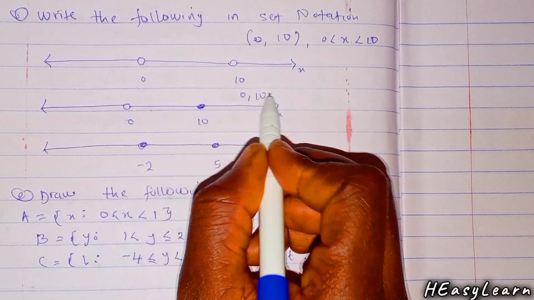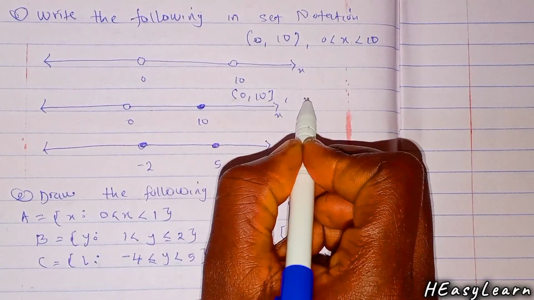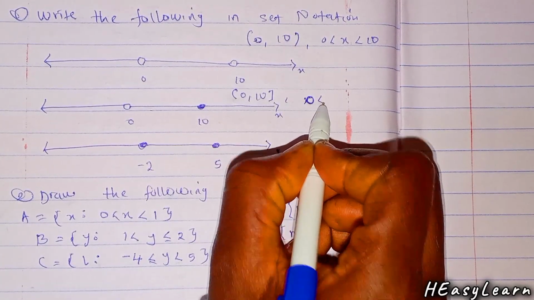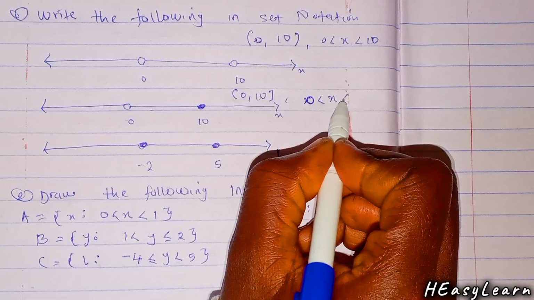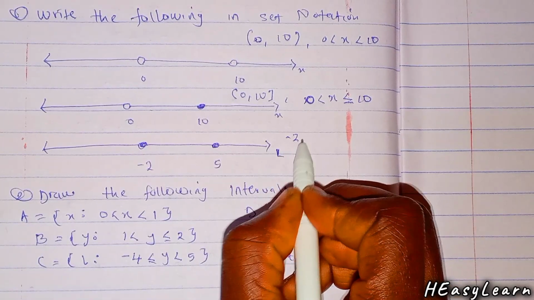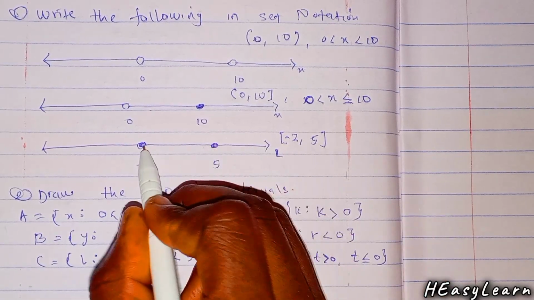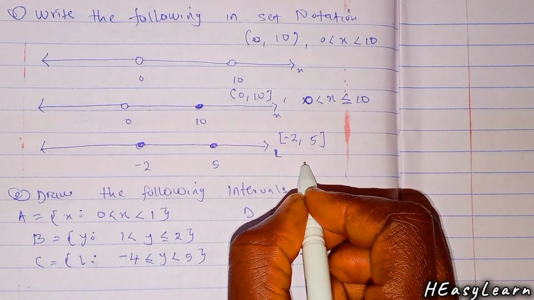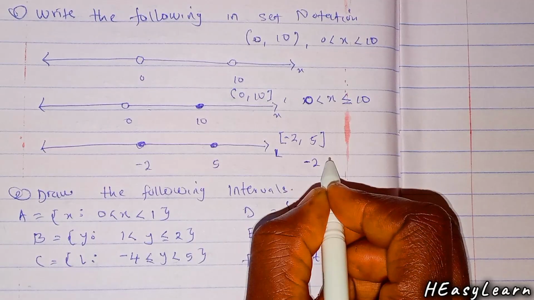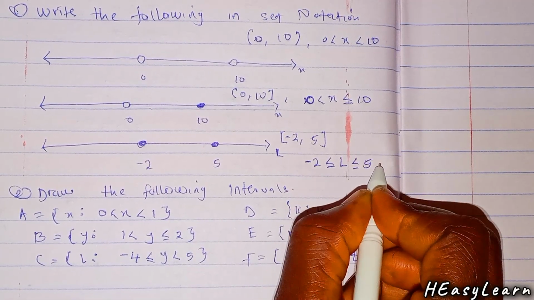Because they shade this, we put the included bracket and excluded bracket. Here, 0 is strictly less than x is less or equals to 10. Here, we have minus 2, 5 included because they shade the portion here. That means minus 2 is less or equals to x is less or equals to 5.